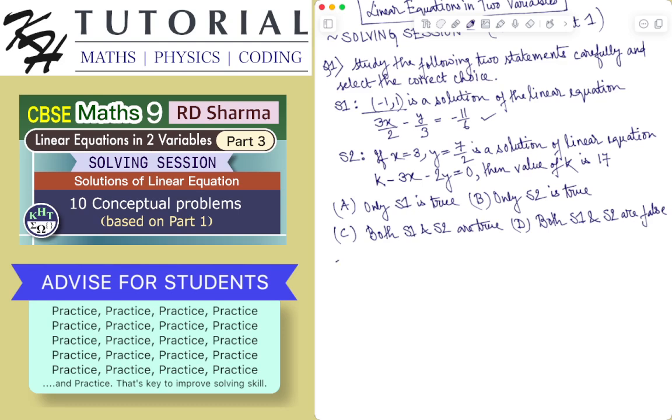So the LHS of the given linear equation, when we substitute the values of x and y from the given solution, becomes minus 3 by 2 minus 1 by 3, which is indeed minus 11 by 6, which is equal to the RHS.